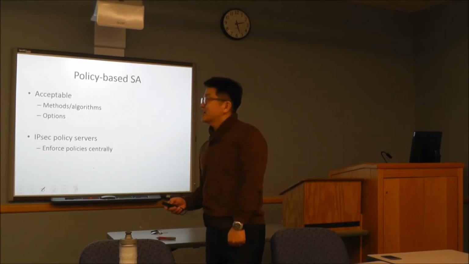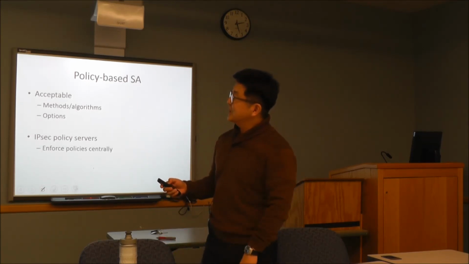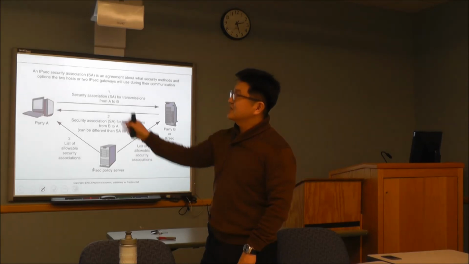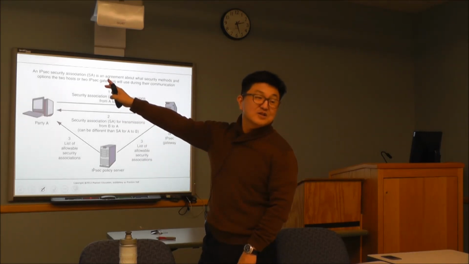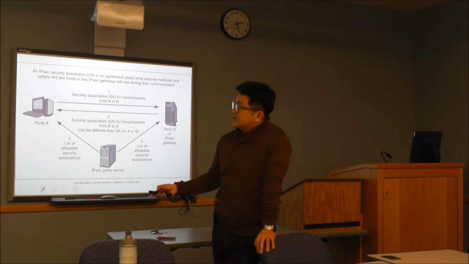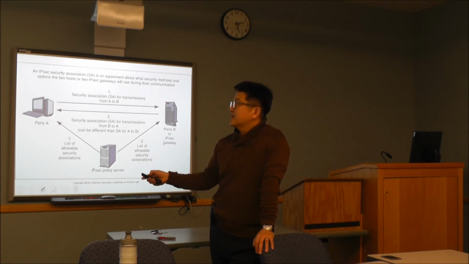Okay. Now I think we're very close to the end. Almost the end. Let's see. So this is a picture that shows everything. The policy server could be this one, and you have the parties associated with your IPsec communication, right?